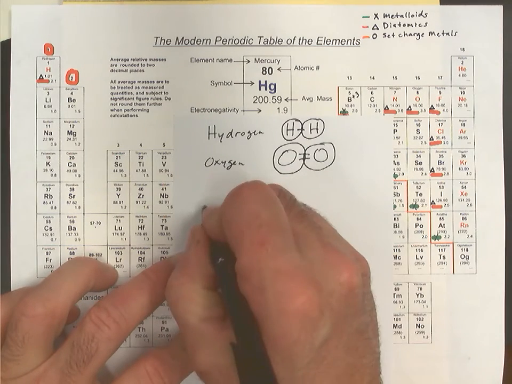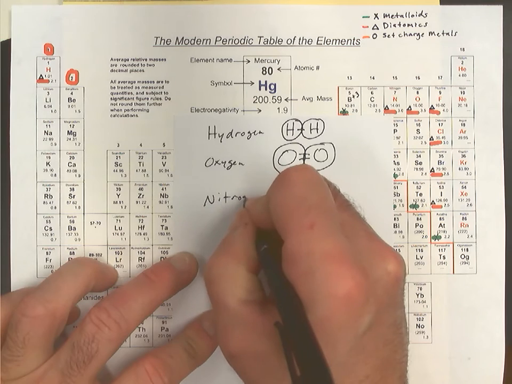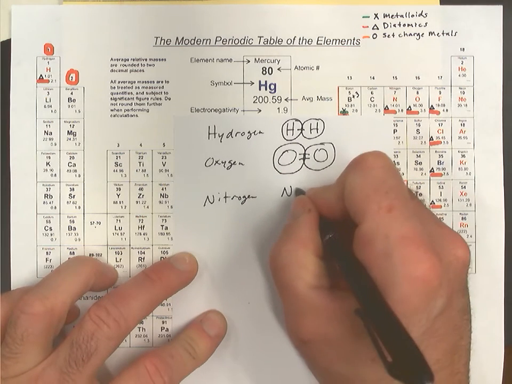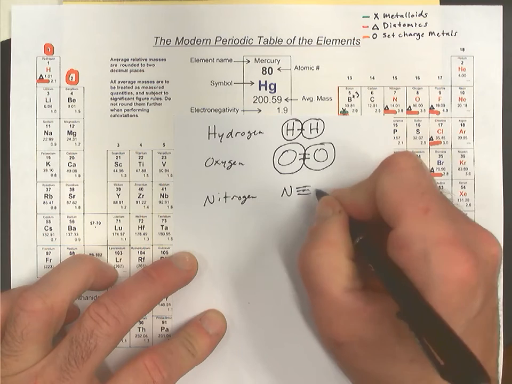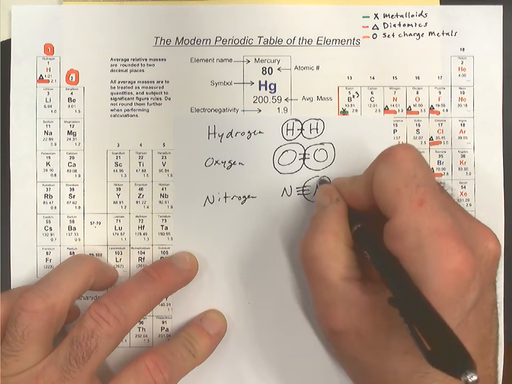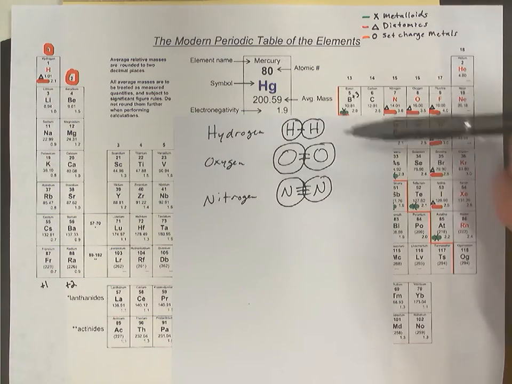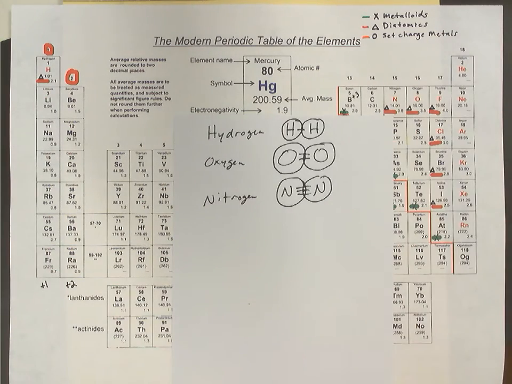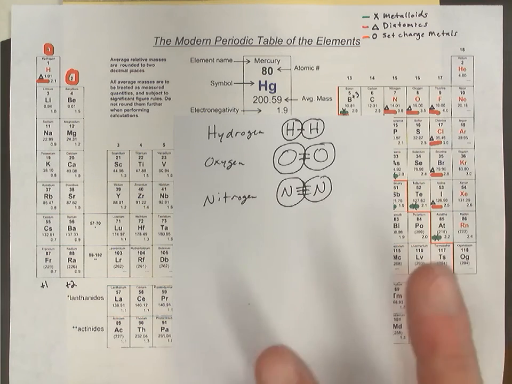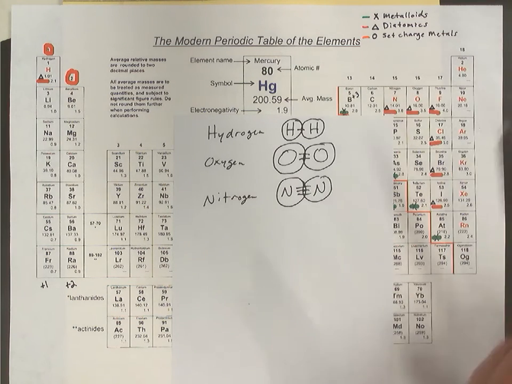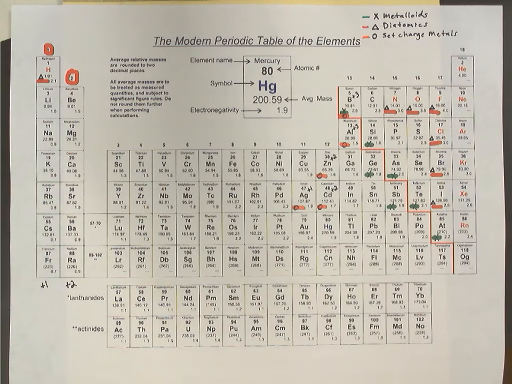Something like nitrogen also exists, and this actually gets triple bonded together. We'll go over single, double, and triple bonding as we get into the actual bonding chapters coming up, but that's what the diatomic piece means. These 7 elements, hydrogen, nitrogen, oxygen, fluorine, chlorine, bromine, and iodine, in their elemental form, exist as pairs of themselves. They float around, connected to themselves together.